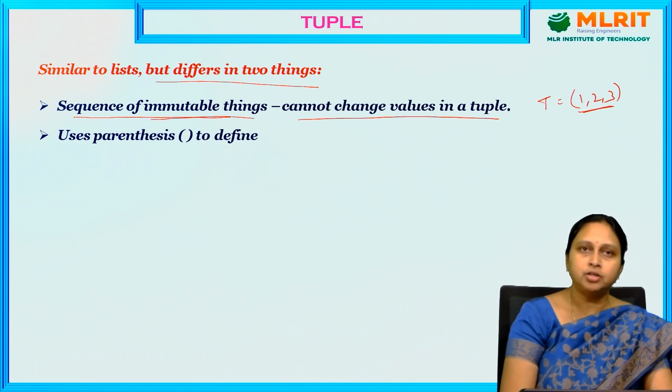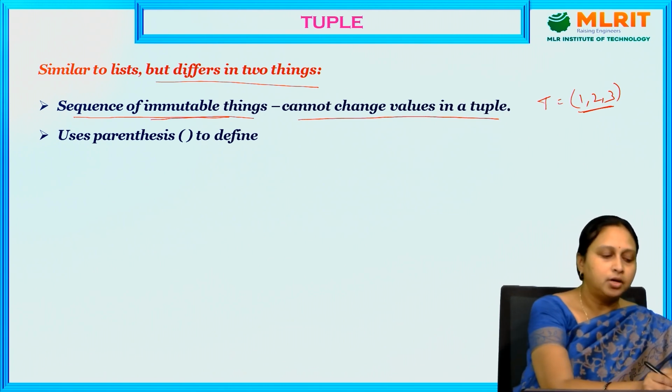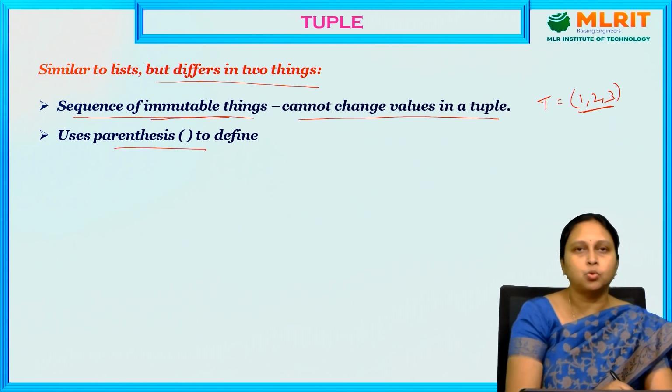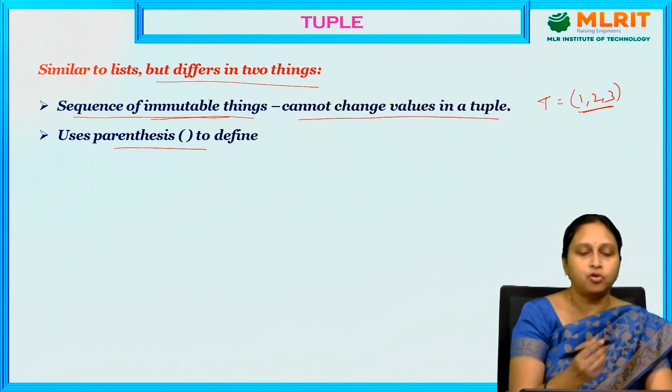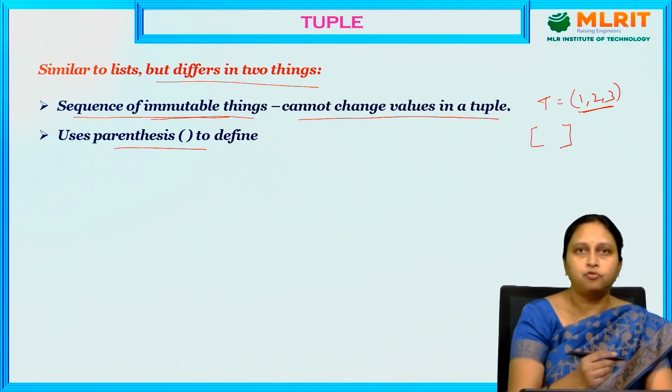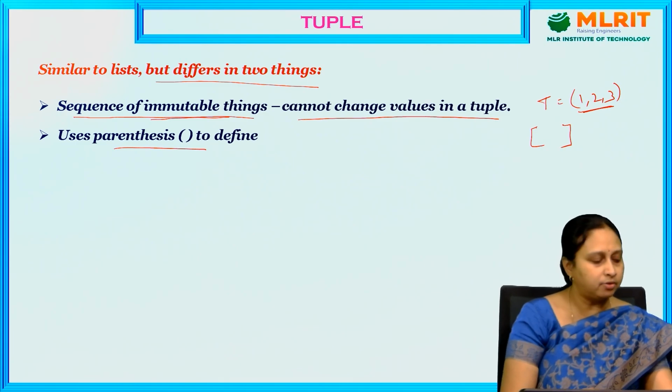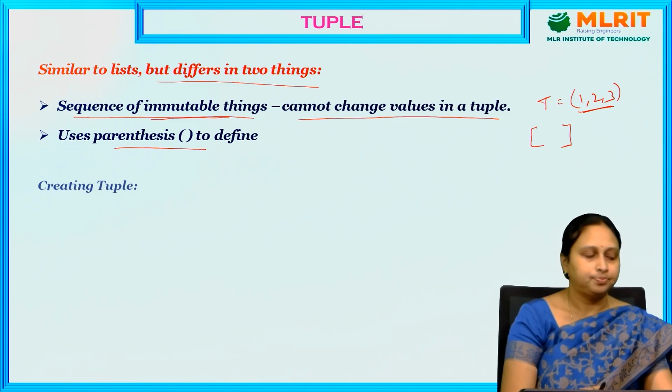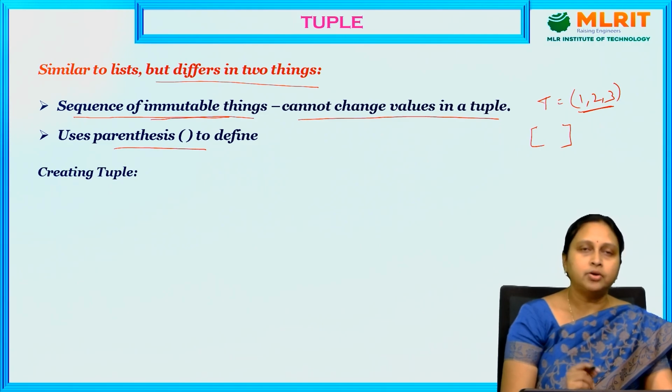And when you use a tuple, we use opening and closing parentheses. For a list, we have seen we use square brackets, and for the tuple, we use round parentheses. These are the two differences you will find with a tuple. Then, how do we create a tuple?